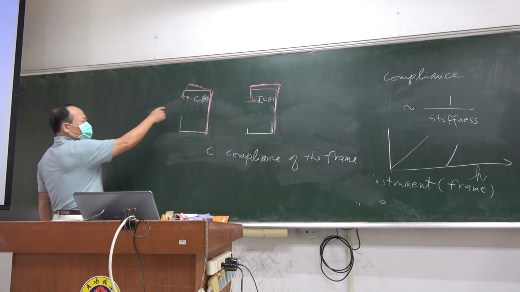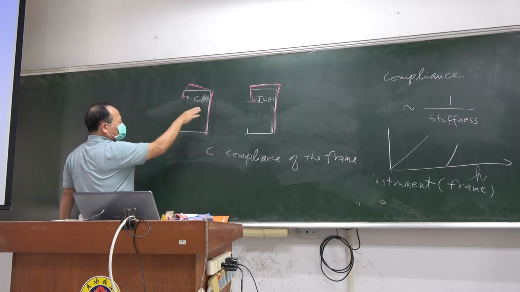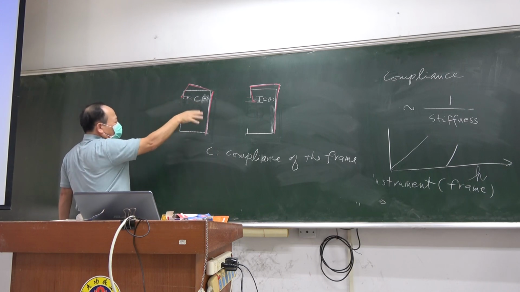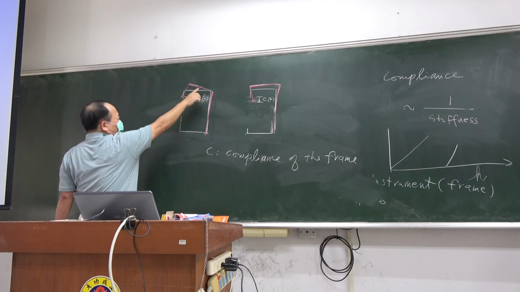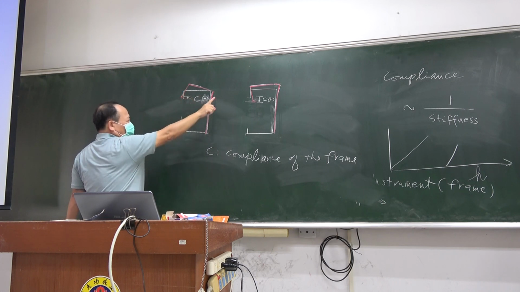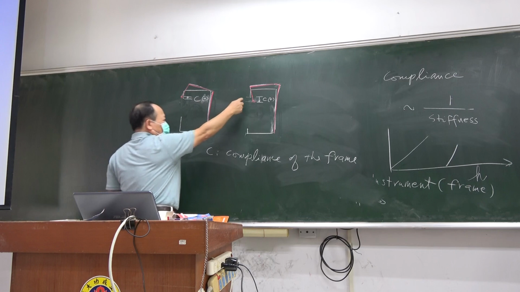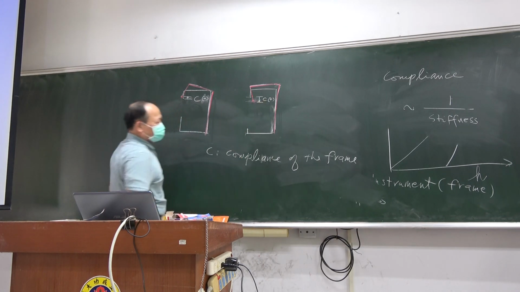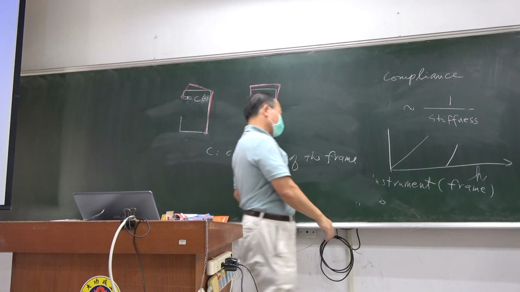This frame may have the positive compliance or maybe the negative compliance. If this white one is without any compliance, it means without any deformation. But after applying your load, you'll find that your frame has a small deformation, moving upward or downward. Moving upward is negative value. If we move downward, we have the positive value. So this C value we call the compliance of the frame.